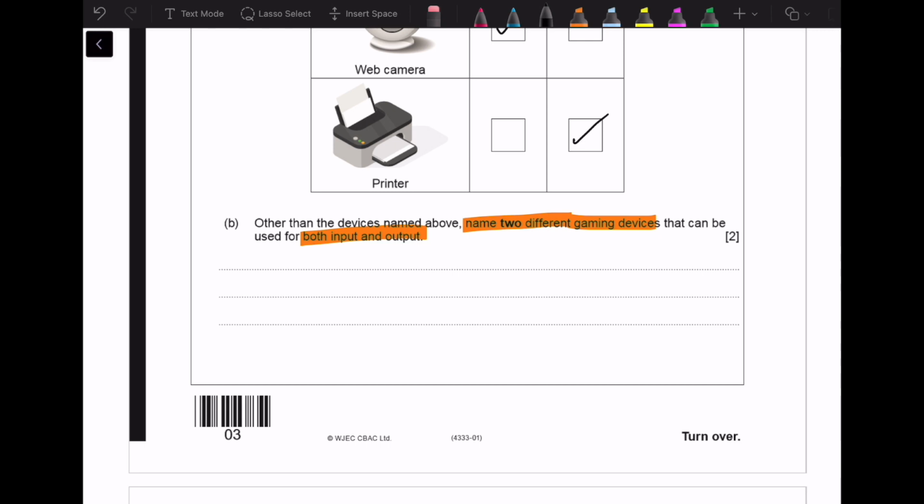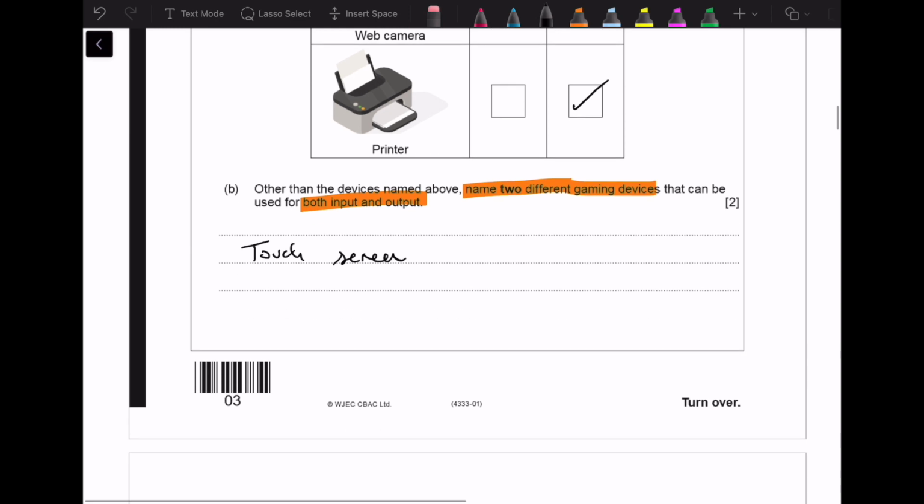Now, this is something that you can basically put down. So things like touch-sensitive screen or touch screen, because a touchscreen can give both an input and an output. You could also have something like gamer headphones with a microphone.